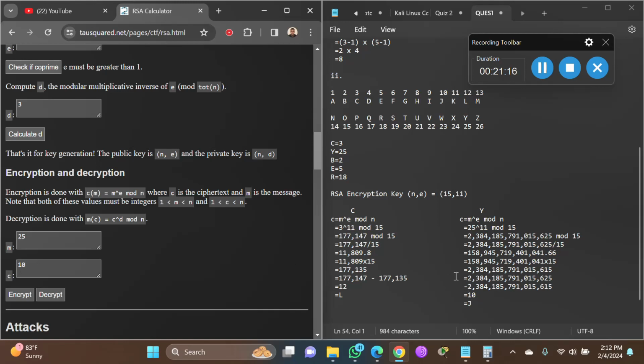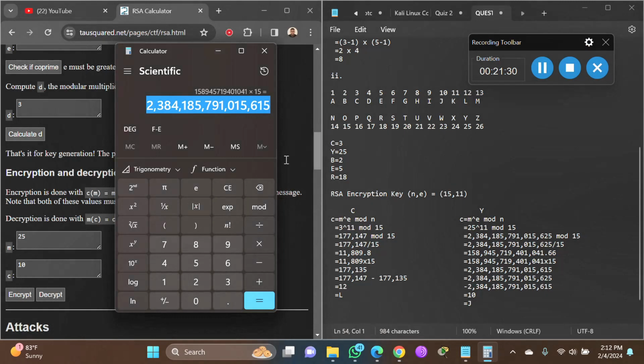If you are getting exponentials, you need to make sure that you're using a scientific calculator to avoid getting such digits. Or if your calculator has a mode, you can simply do this. You can compute everything like this, which is 25, then you say power 11.